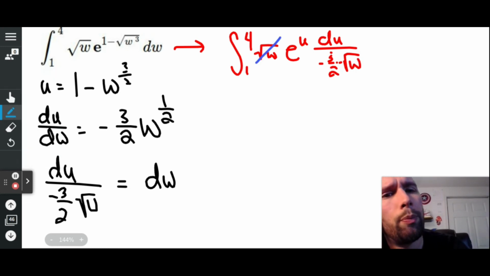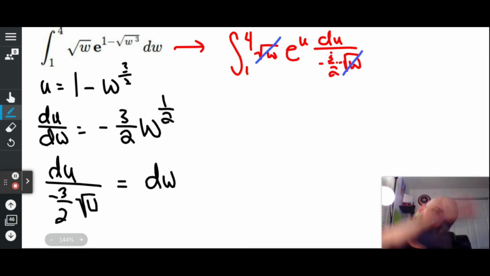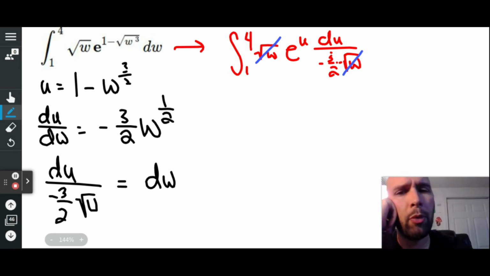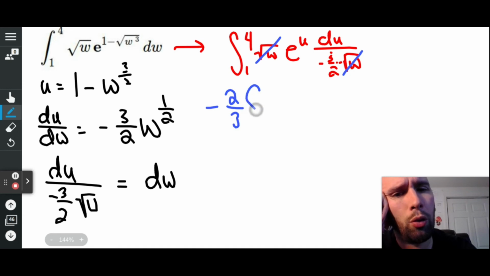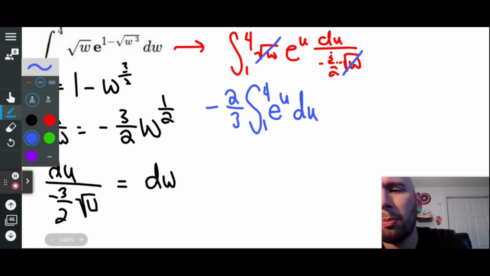Cross the square root of w out. I'm going to bring the 3 over 2 out front and do the reciprocal. So negative 2/3 times the integral between 1 and 4 of e to the u du is going to be this.